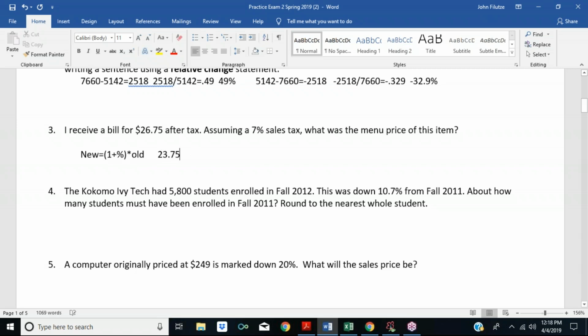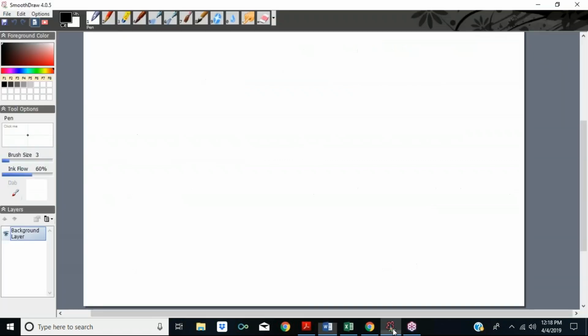The new amount was 26.75, and then 1 plus the percent, which is 7%, so 0.07, times the old value. So really what we're doing is 26.75 divided by 1.07, and you get $25.